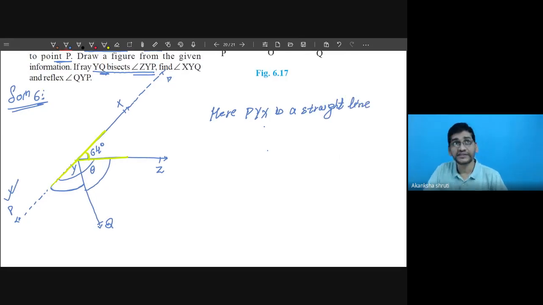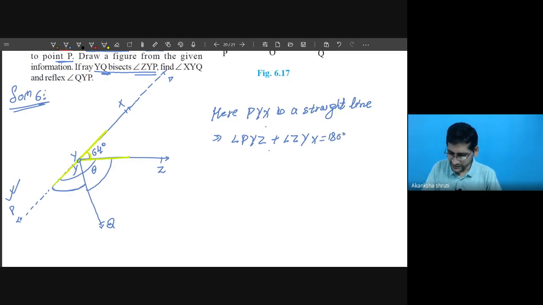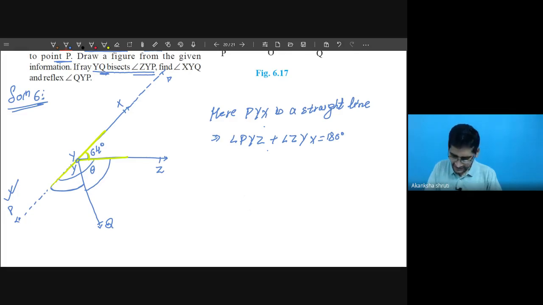Wherever there is a straight line, it simply means we can write angle PYZ plus angle ZYX is 180 degree. This point is our Y. Do not get confused. Now this is the angle theta that we want to calculate.